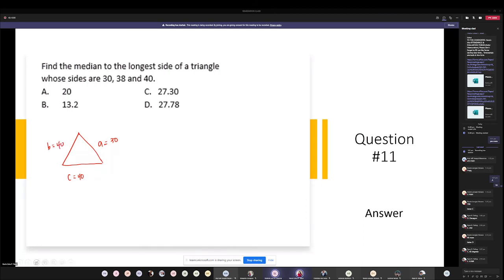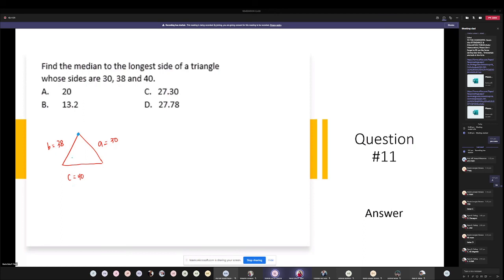Sorry. So we need to solve for the median. The median should be drawn from the opposite vertex, from here, towards the side, wherein it should bisect the side.